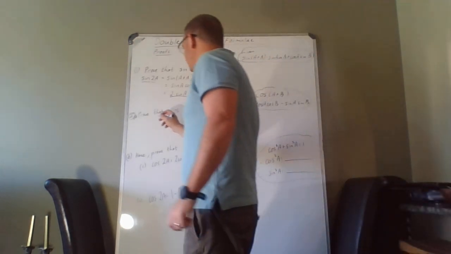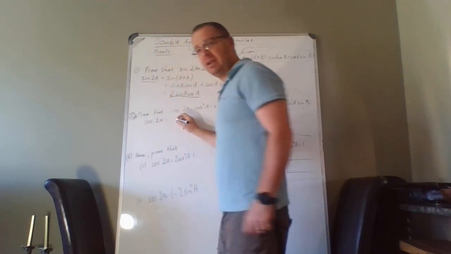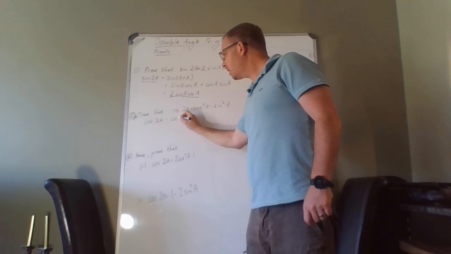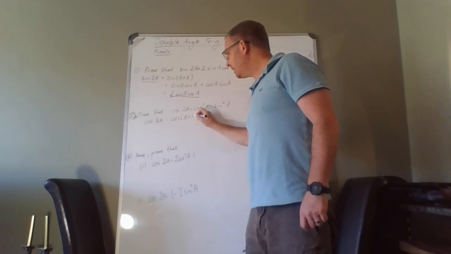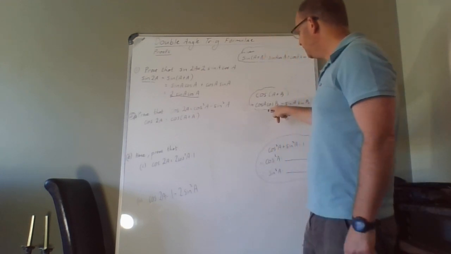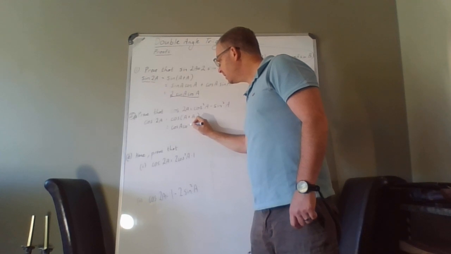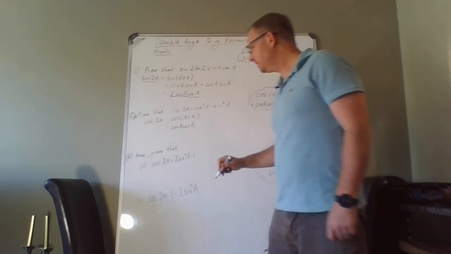So, cos 2A is the same thing as cos of A plus A. Okay, and cos of A plus A using this formula is cos of the first angle, cos of the second angle.